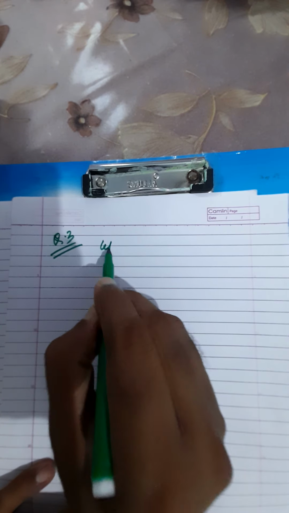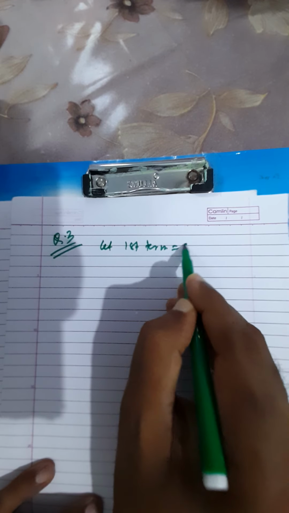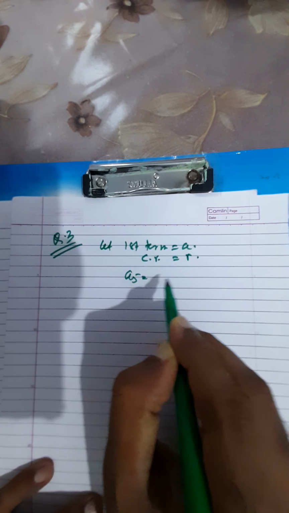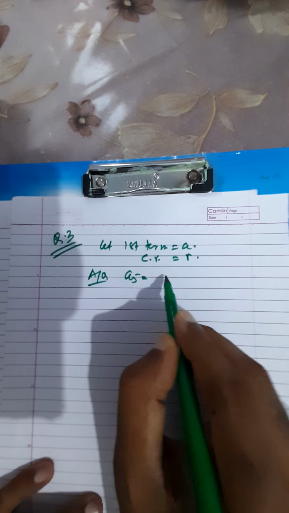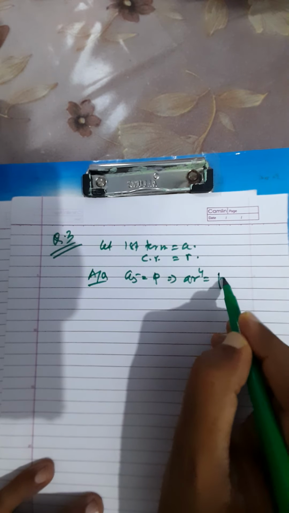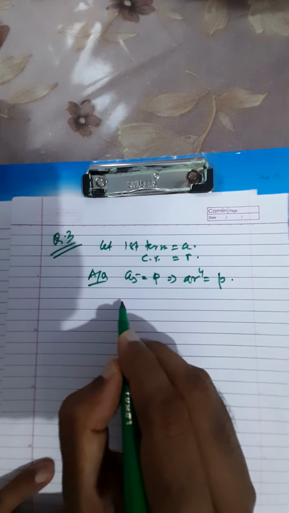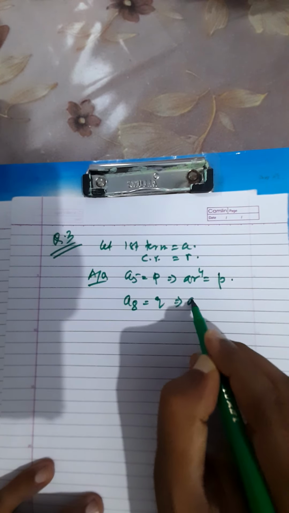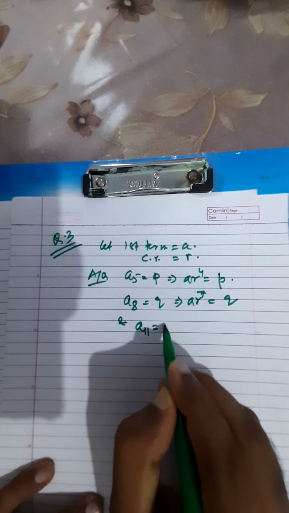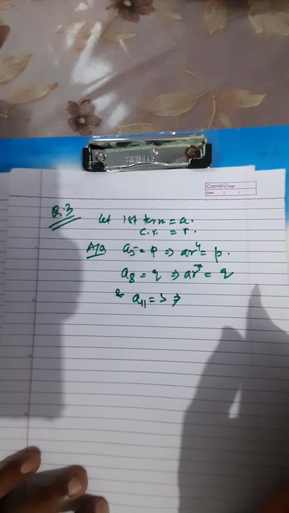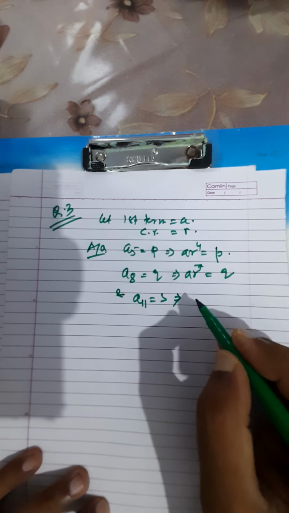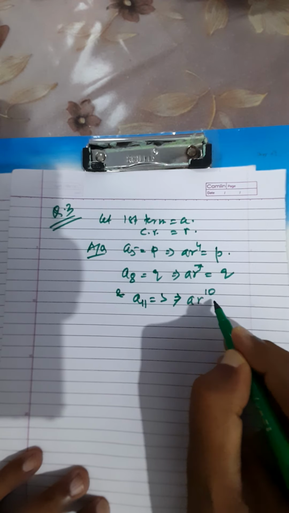Let the first term be A, and the common ratio be R. According to the question, A5 is P, that is A r to the power 4 is equal to P. A8 is Q, implies A r to the power 7 is equal to Q, and A11 is equal to S, implies A r to the power 10 is equal to S.